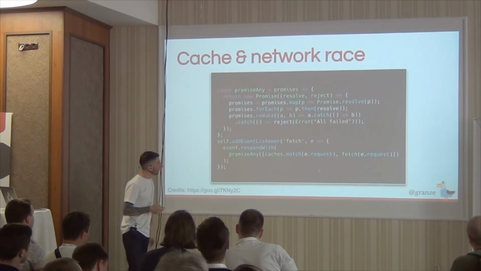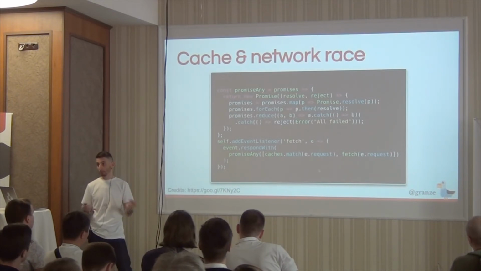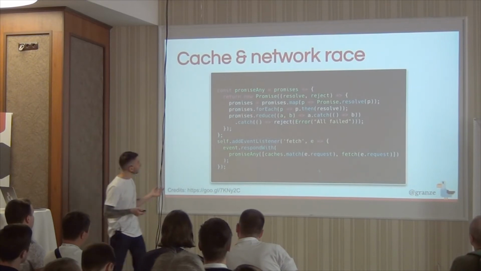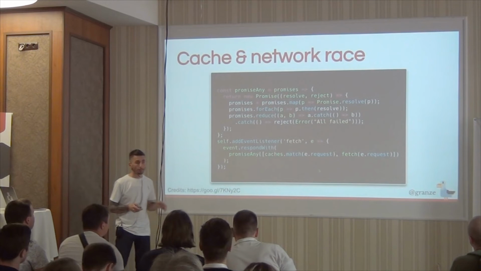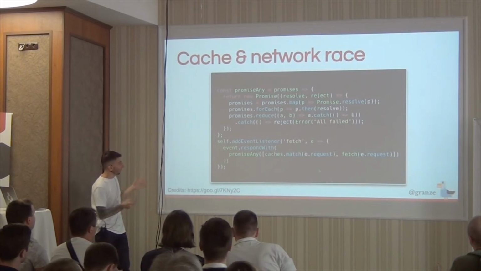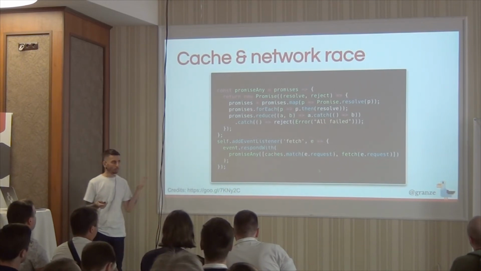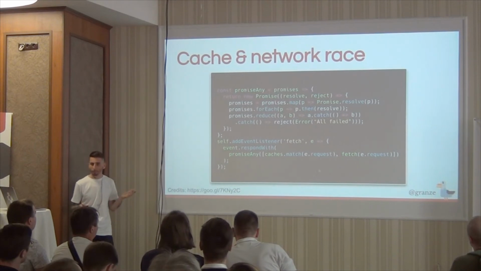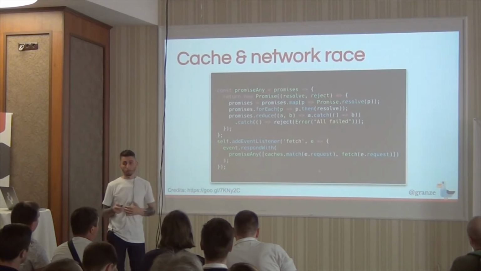But we can't use Promise.race, because if one of them is rejected, all the promises will be rejected. That's not good. So we need to do something like this. And okay, it's not rocket science, but then it's not something I want to write all the time, right? But it can be even worse.